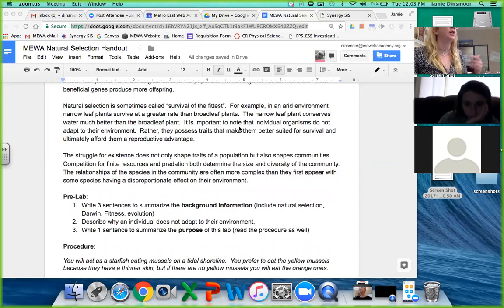So you can imagine in humans, if everybody with brown hair, for some reason, never got sick, then we would expect that a population of humans would have more people with brown hair. Not because that person with brown hair didn't get sick, but because they were able to survive, pass on their traits, and then their offspring were able to do the same thing, which would be not get sick.